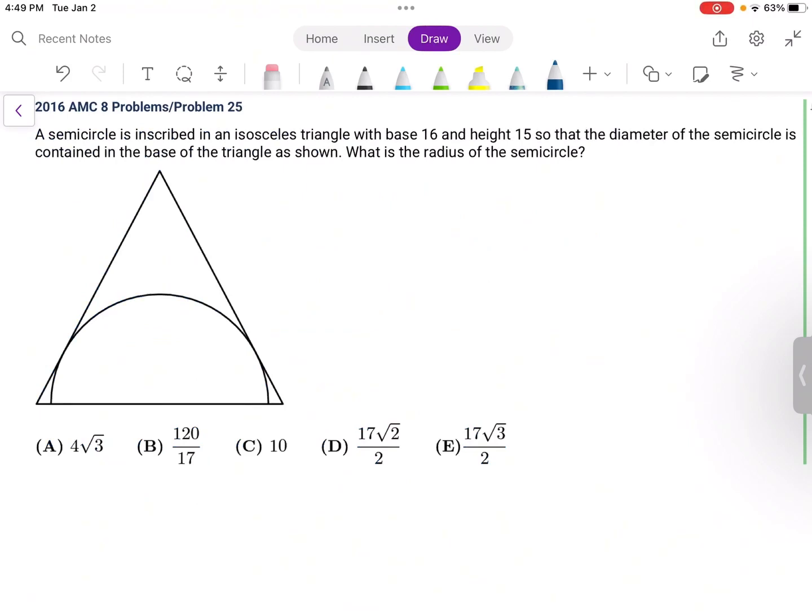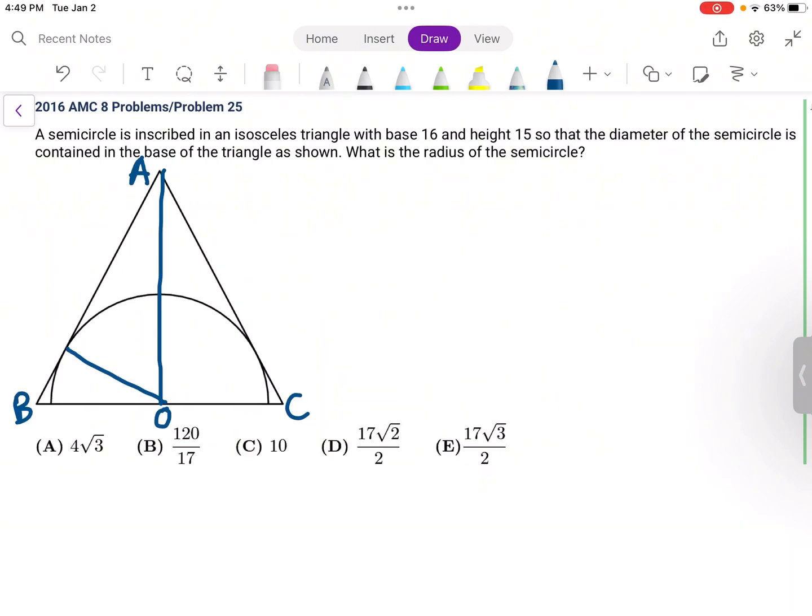Problem 25. To solve this problem, we assume the vertices of the triangle are A, B, C, and we draw a vertical line from A to BC, which will stop at the center of the semicircle, and let's assume it's O. And then we draw another vertical line from O to AB. It crosses AB at the point where the circle and AB touch.